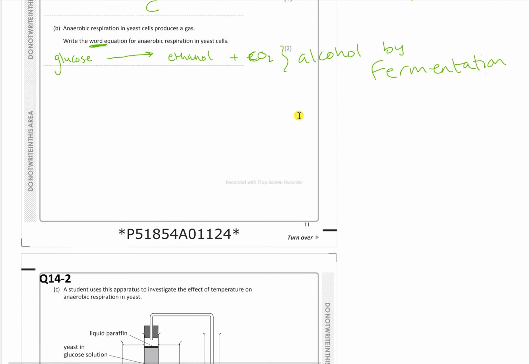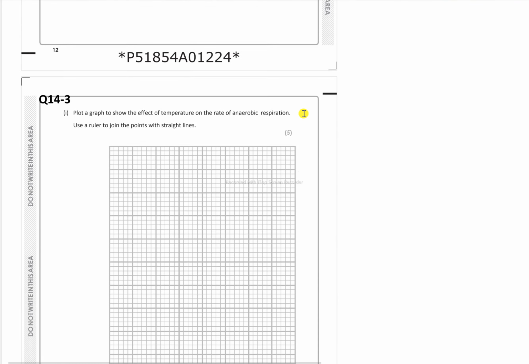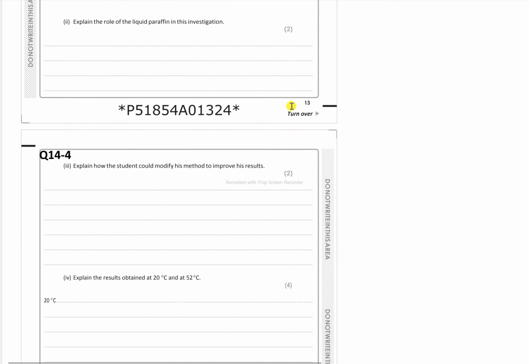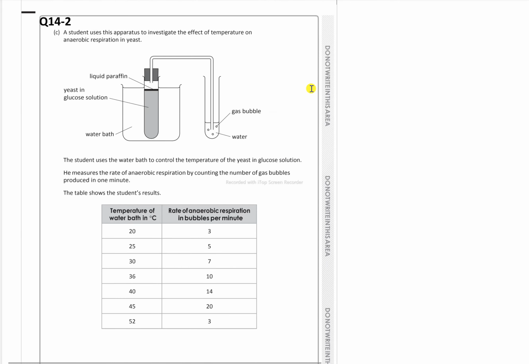Right, let's keep going. Okay, we've got 20 minutes, so let's try to squeeze this in. So we're trying to investigate the effects of temperature on anaerobic respiration in yeast. Have you noticed here, you've got a layer of paraffin or oil or something.